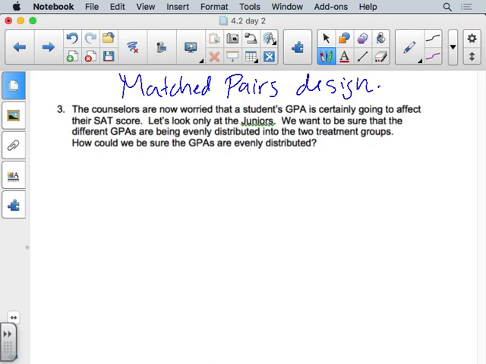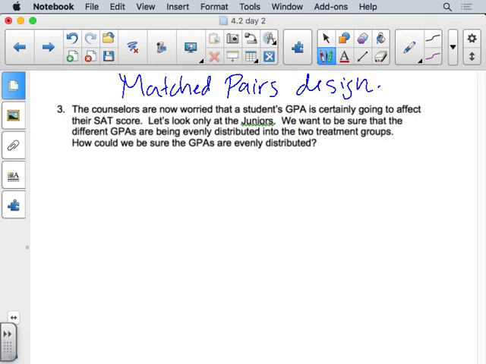The way we're gonna do this one is, we're looking at juniors, and so we're gonna rank people by their GPAs, and we're gonna make sure we split them into group 1, group 2, like the next person, group 1 and group 2. So, yeah, I didn't make a flow chart, I just kind of wrote it out. I thought it'd be easier that way.